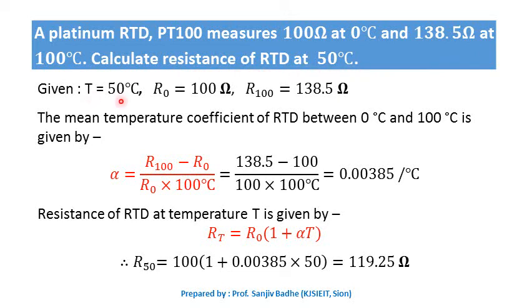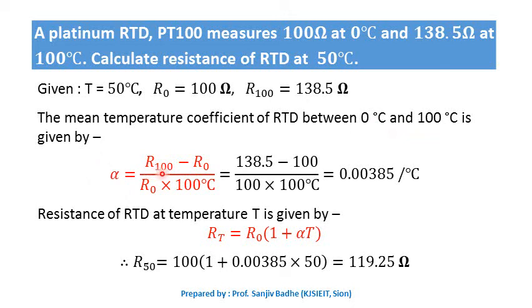So in this problem, temperature is 50 degree Celsius, resistance at 0 degree Celsius is 100 ohms, resistance at 100 degree Celsius is 138.5 ohms. So let us first calculate the temperature coefficient of resistance for this RTD between 0 degree Celsius and 100 degree Celsius.